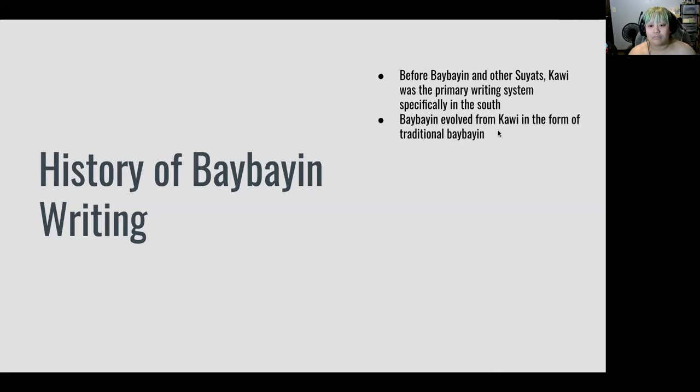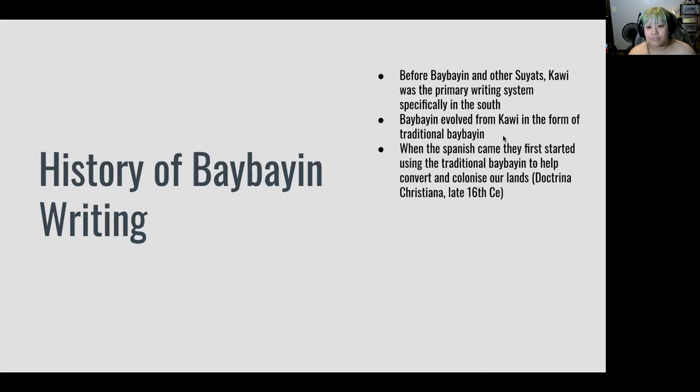Baybayin evolved from Kawi, the shapes of which are extremely similar to how it is now. Kawi is used in the modern day in Indonesia, specifically in Brunei itself. From Kawi we get traditional Baybayin, and that's where we go from there.